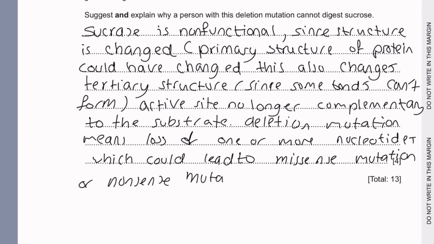Remember, missense means that there's simply a change in the amino acids. Nonsense means the result is a stop codon shows up. If a stop codon shows up, this means the protein is cut short and it's 100% non-functional.